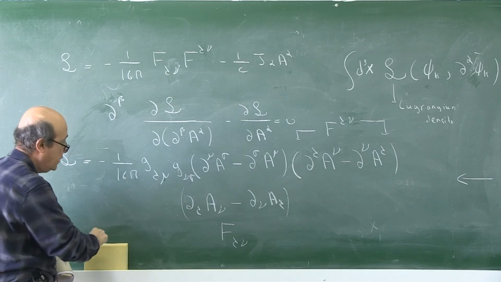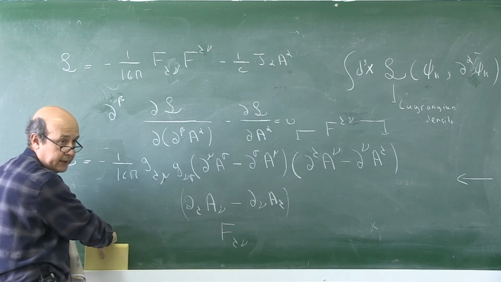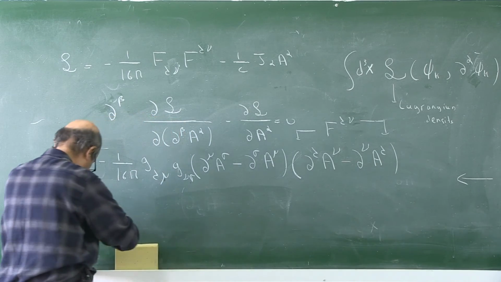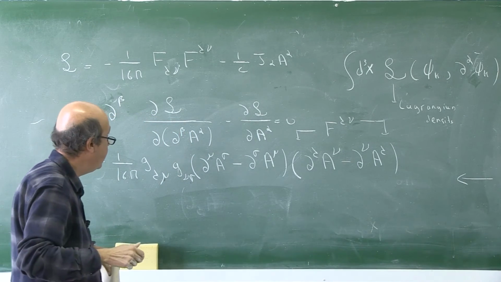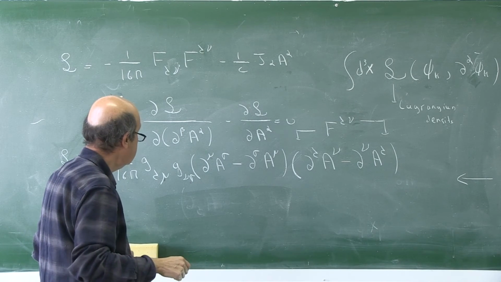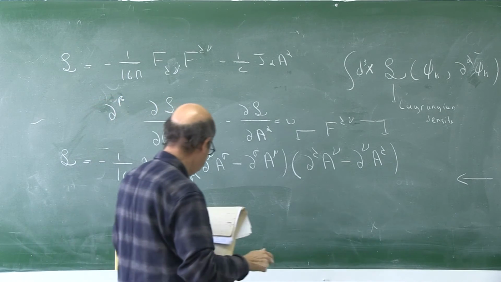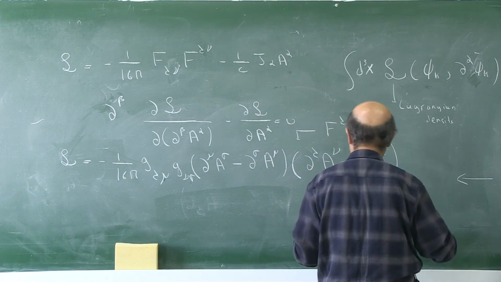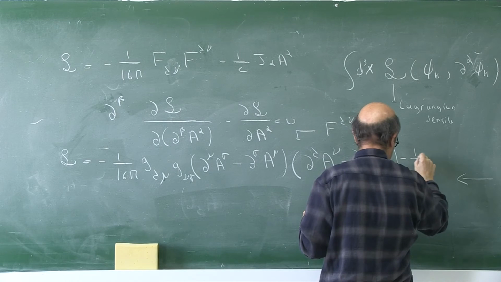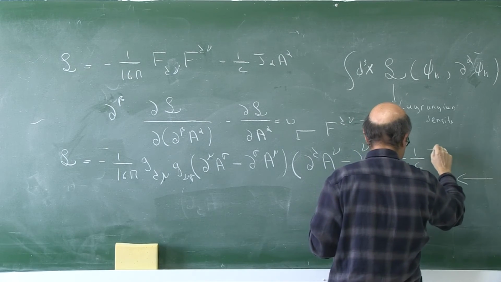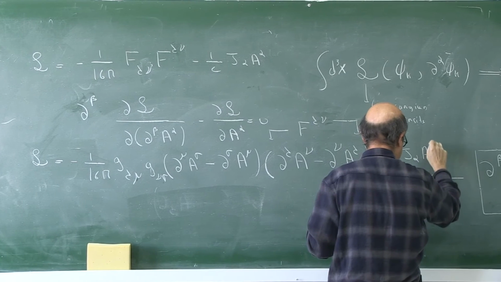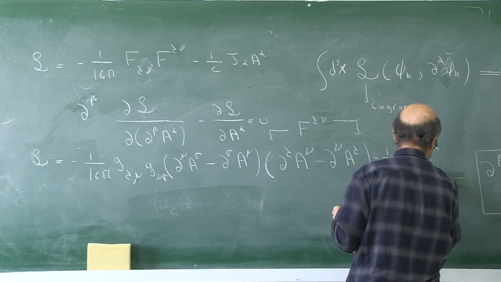I do this using the metric tensor. Now, let us look at the other term. That is nothing but minus 1 over c J alpha A alpha, or any indices you can use.